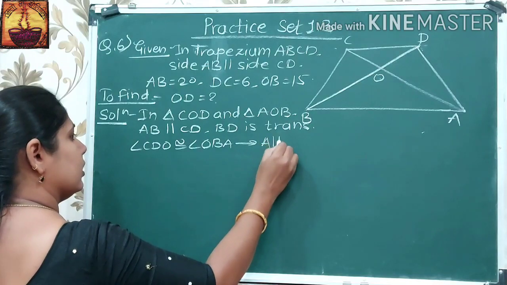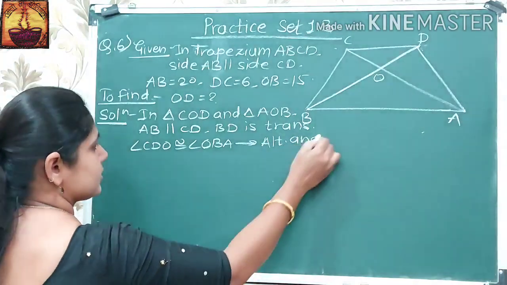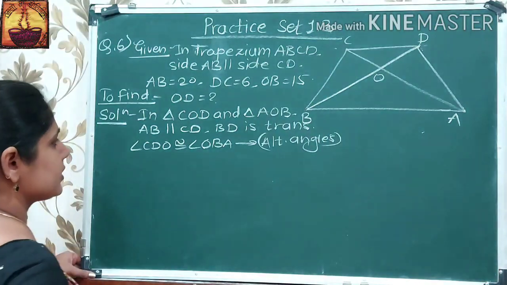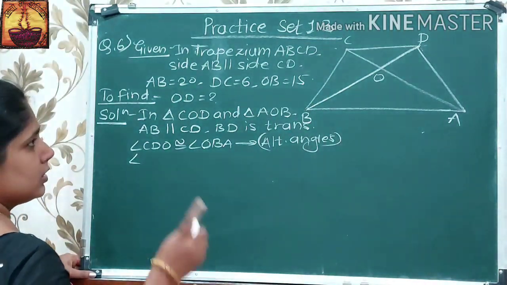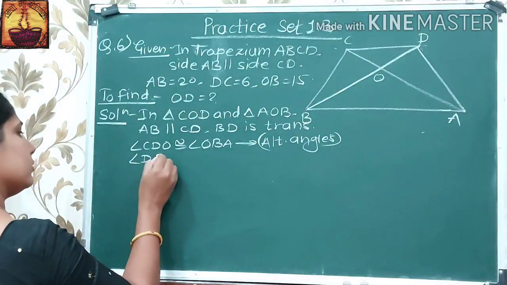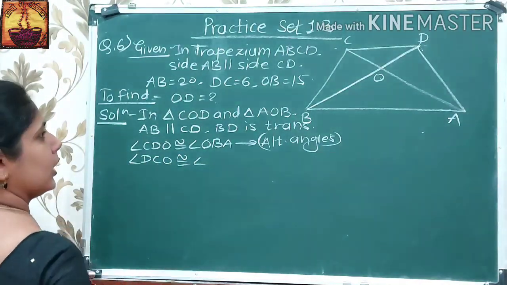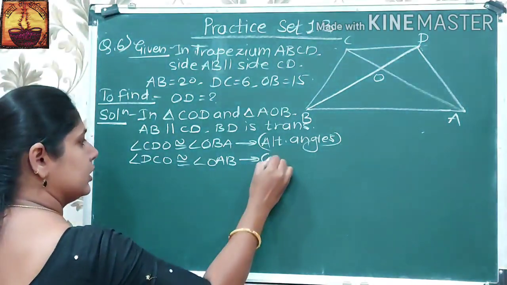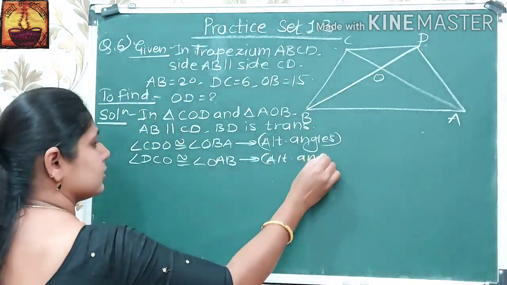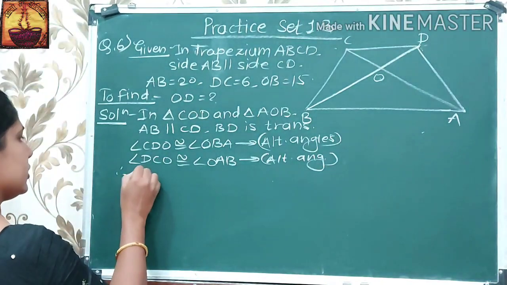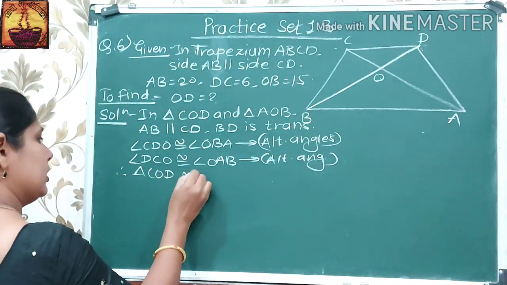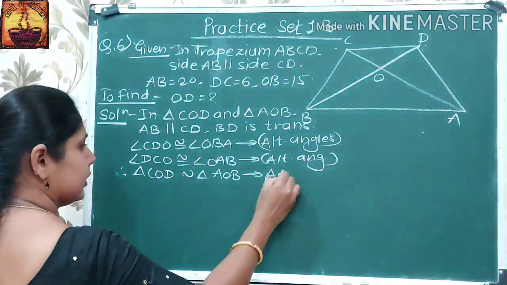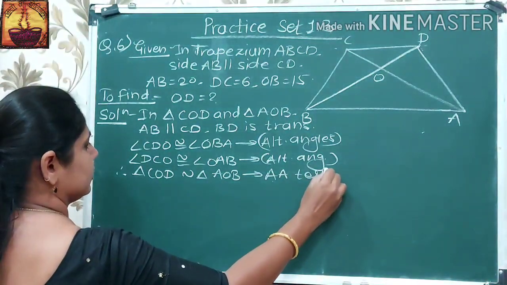These are alternate angles. Similarly, if AC is a transversal, angle DCO is congruent to angle OAB. These are also alternate angles. Therefore, these two triangles, COD is similar to triangle AOB, by the AA test of similarity.